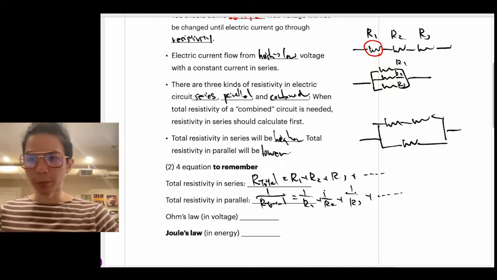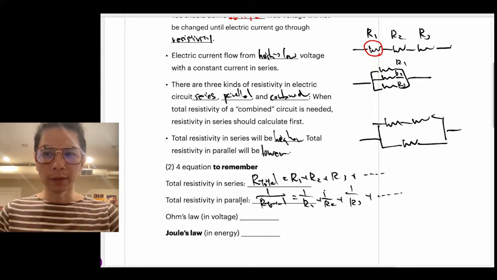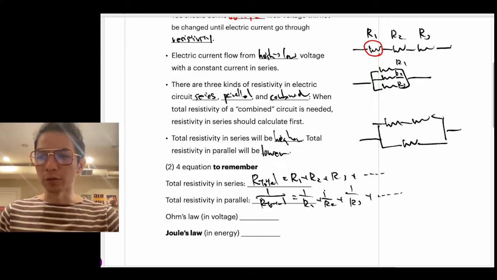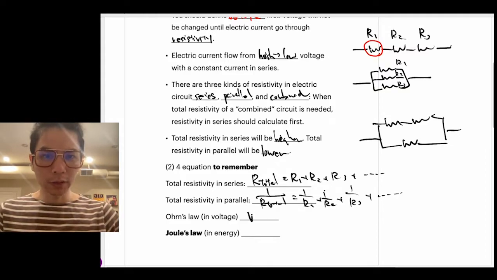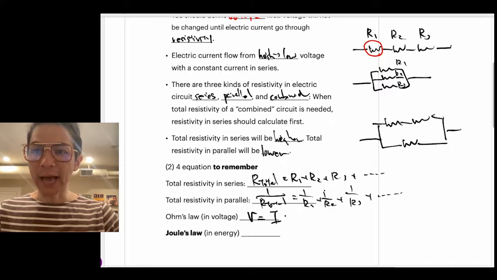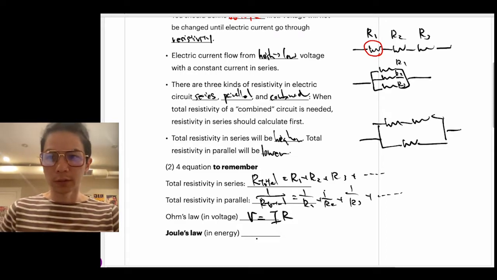Another thing you have to remember is Ohm's law and Joule's law. Using Ohm's law, you can calculate the electric current. The equation is pretty simple: V, which is voltage, equals I, electric current, times R, resistivity.